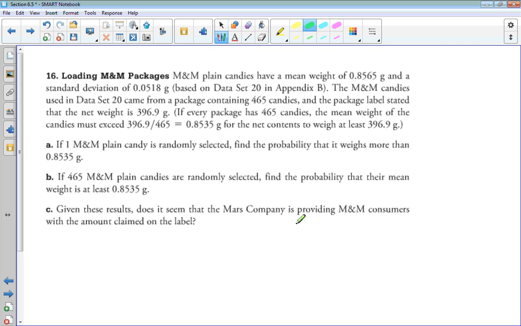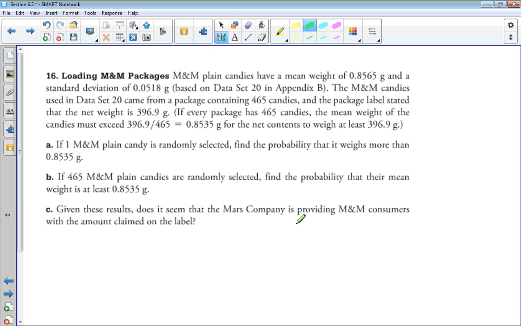Loading M&M packages. M&M candies have a mean weight of 0.8565 grams and a standard deviation of 0.0518 grams. There is a data set that is with your textbook, data set number 20. It contained 465 M&Ms, and the package label stated that the net weight was 396.9 grams.